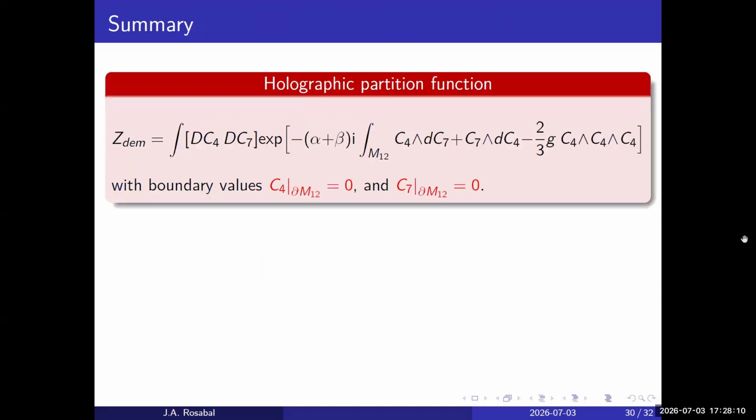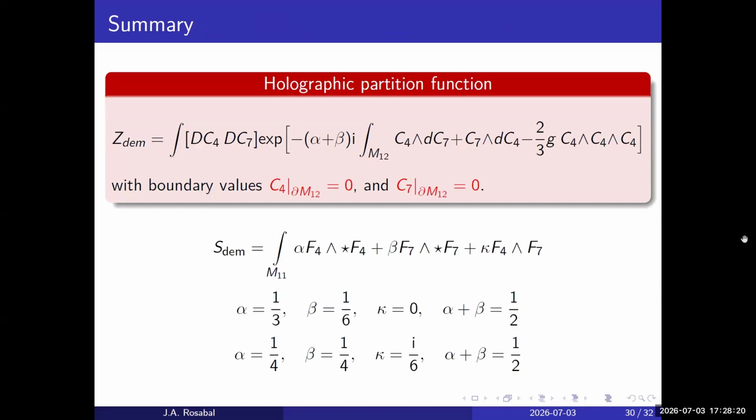And one funny thing, remember I told you that I found two theories in the literature which have different alpha and beta. In one of them, alpha is 1/3 and beta is 1/6, kappa is 0. However, alpha plus beta is 1/2.